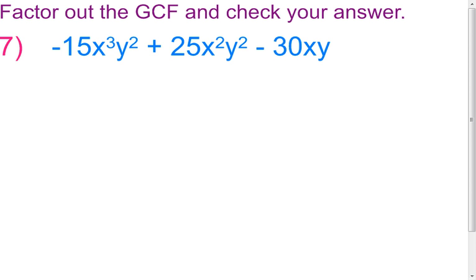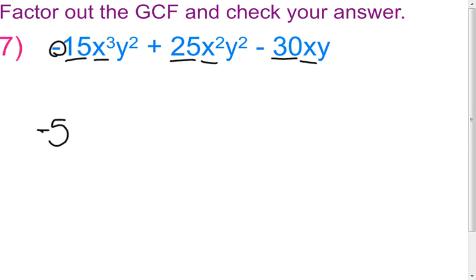And one last one. I'm looking for the biggest number that goes into -15, +25, and -30. So the biggest number that goes into 15, 25, and 30 is 5. I want you to notice that this is a negative out in here, so you're going to pull out a -5. Okay, so that's the biggest number. Then if I look at my x's, I have x to the third, x squared, and 1x.